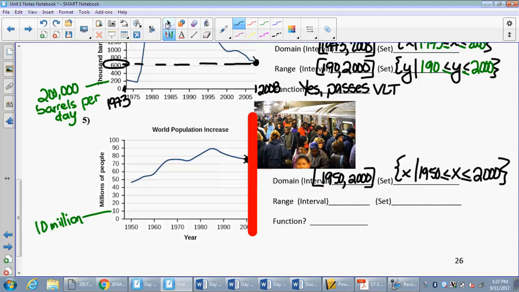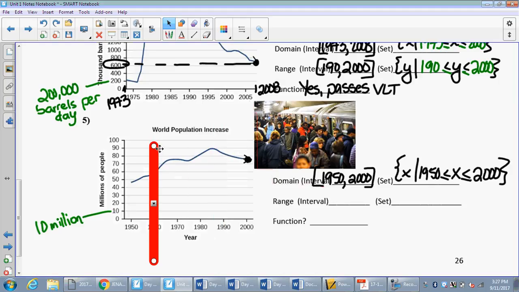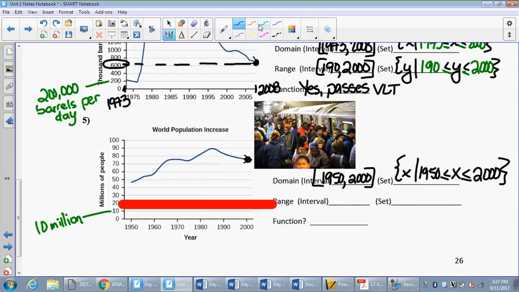Now for the range, I'm going to turn my pencil sideways. Coming in from the bottom, we're going to have to use our powers of reason here, because when I trace this over, it's definitely not 50 and it's definitely not 40. We could argue 45 or 46, somewhere halfway in between.